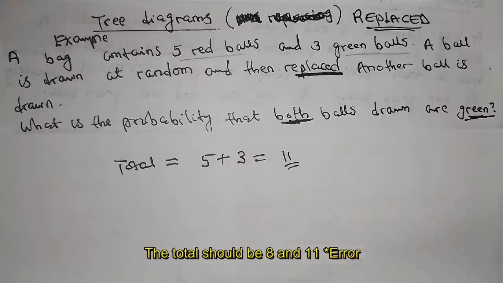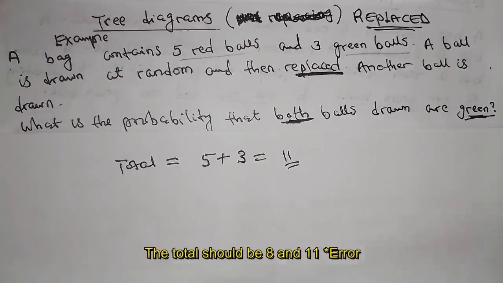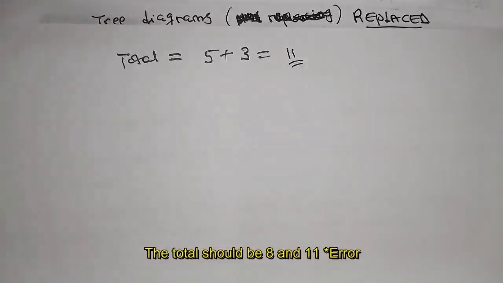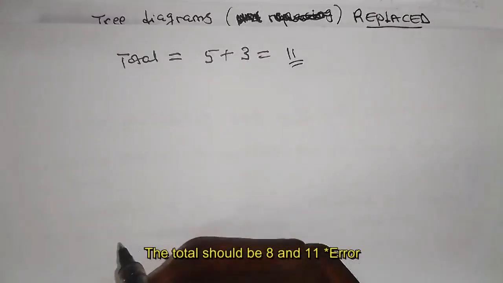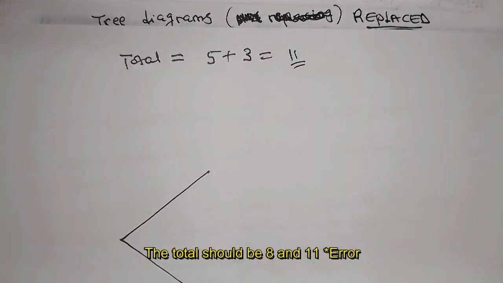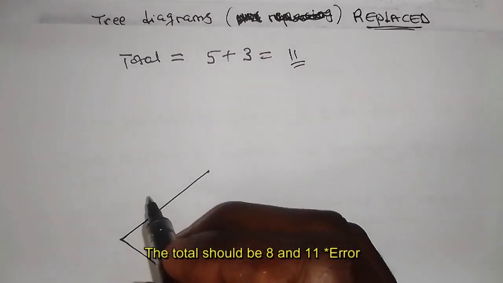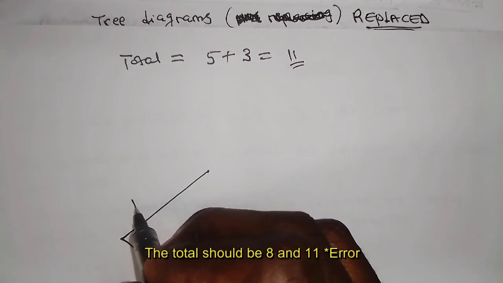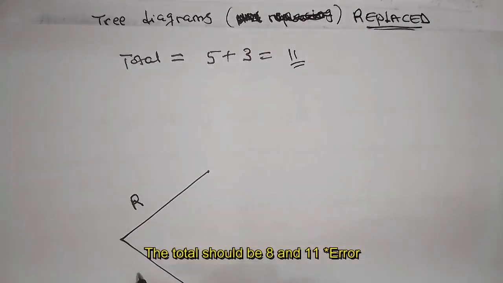The most important thing is we have 2 things here. So we have something like this. Let's say this is red and this is green.